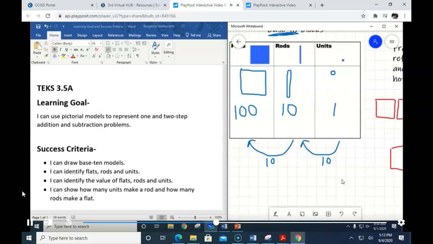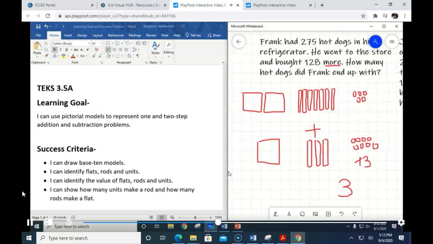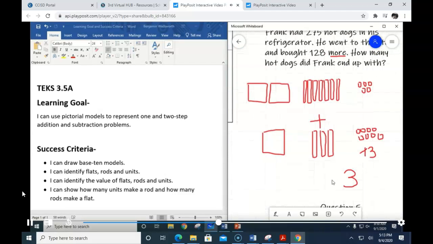If you remember me telling you, when we have 10 rods, we have to regroup them to a flat, aka regroup it to a hundreds place, right? So we're going to draw our number 10 down here, just like we did with our units over here, right? This 1 is going to become a flat, and the 0 is going to come down here with our answer.